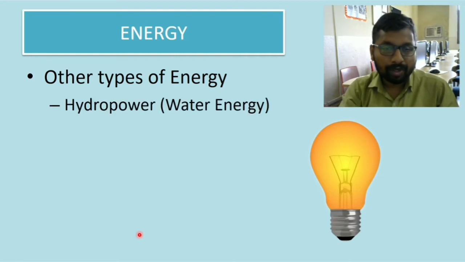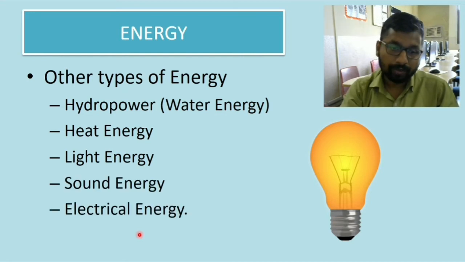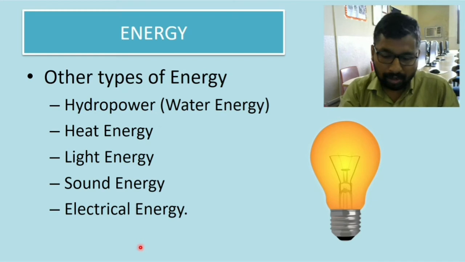What are the other types of energy? It can be hydropower, or you can also call it water energy. Then there is heat energy, light energy, sound energy, electrical energy. So these are the other types of energies. There might be many more, but these are some types of energy that we can recall right now.